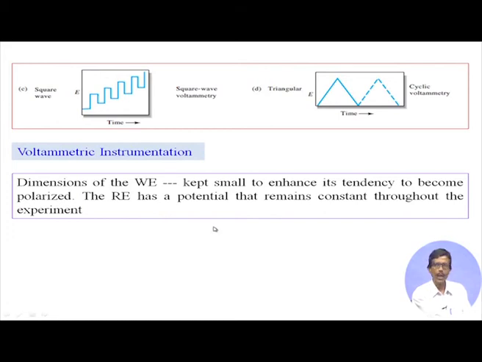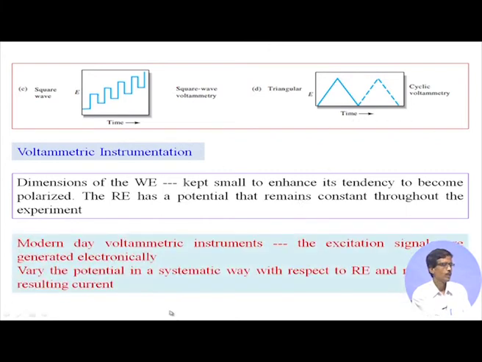If you do not allow any current to pass through this reference electrode. So, we must have some alternative arrangement so that no electron passes through this reference electrode, and this will remain constant throughout the time period within which you are doing all these measurements.